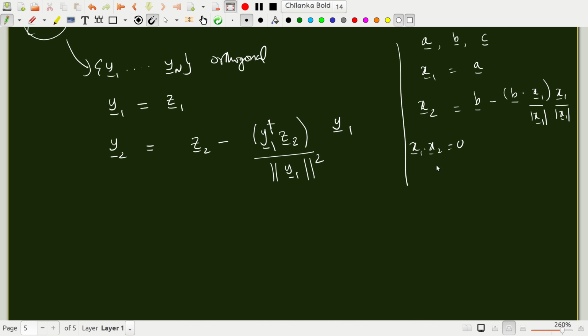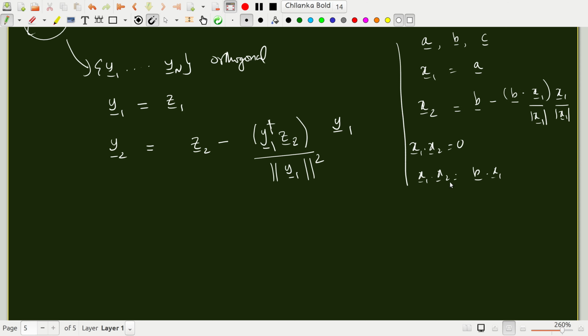How? I'm dotting this entire equation with x1.